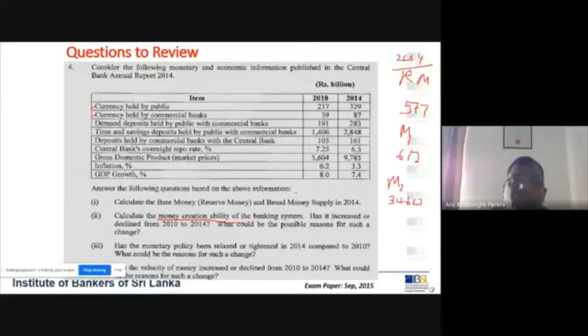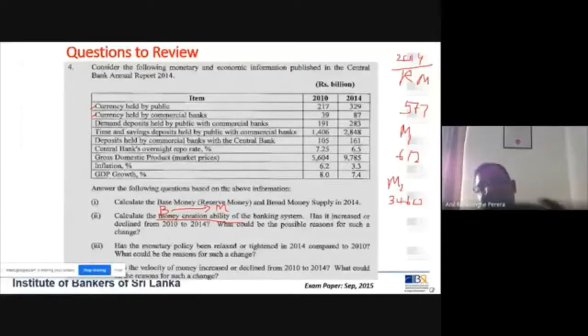Coming back to your answer, money creation ability indicates if you inject 1 unit of base money, how much broad money would be created, isn't it? That is the money creation ability. How do you simply define? It happens through in the banking system, deposit taking and lending.